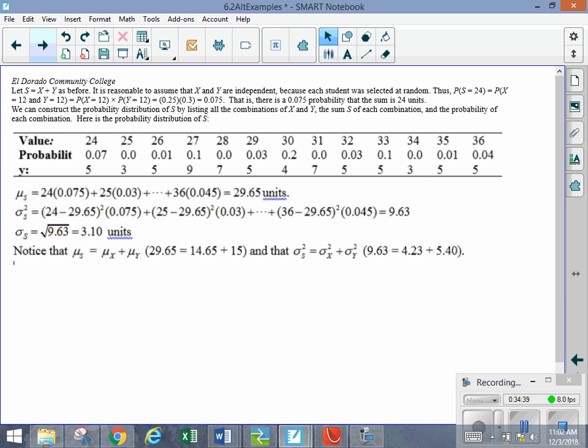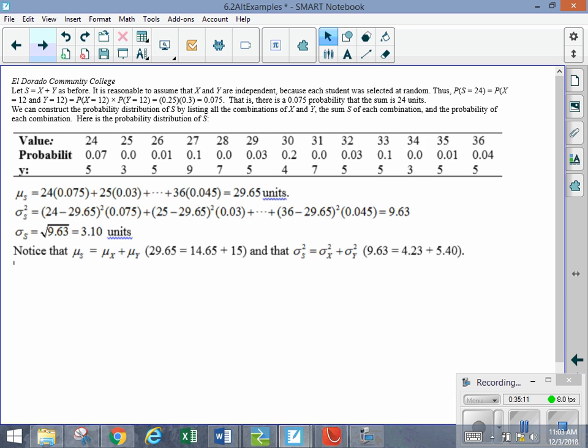You'll never ever have 25, so this probability is 0. What are we dealing with, little y? We'll figure that out here in a minute.